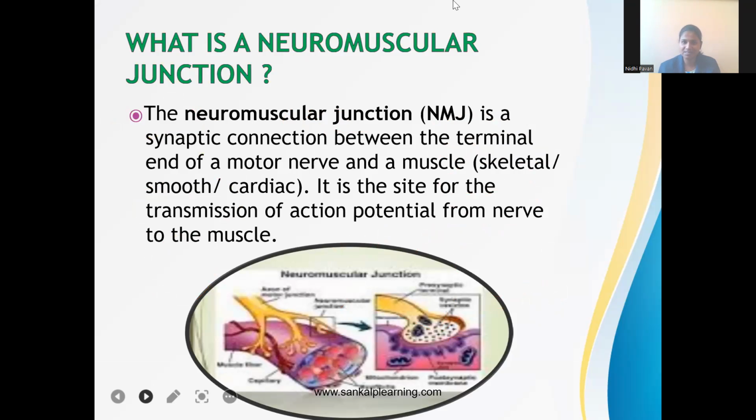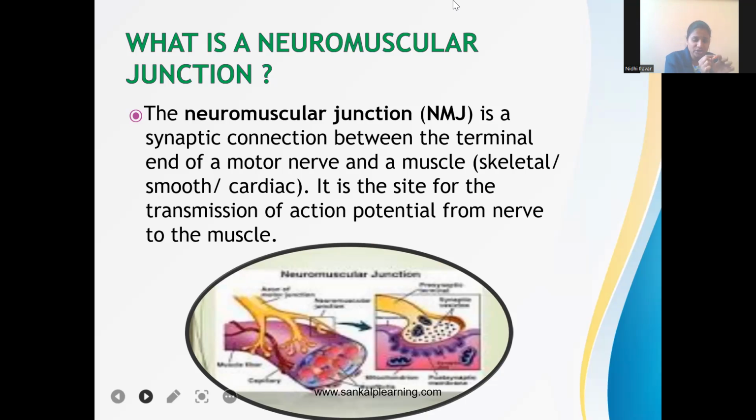Means my leg muscles, my hand muscles, every muscle will be active and I will stretch and get up. So the junction between the nerve ending and every muscle of my body which I have to react with now. For example, I want to get up, so my leg muscles have to work.